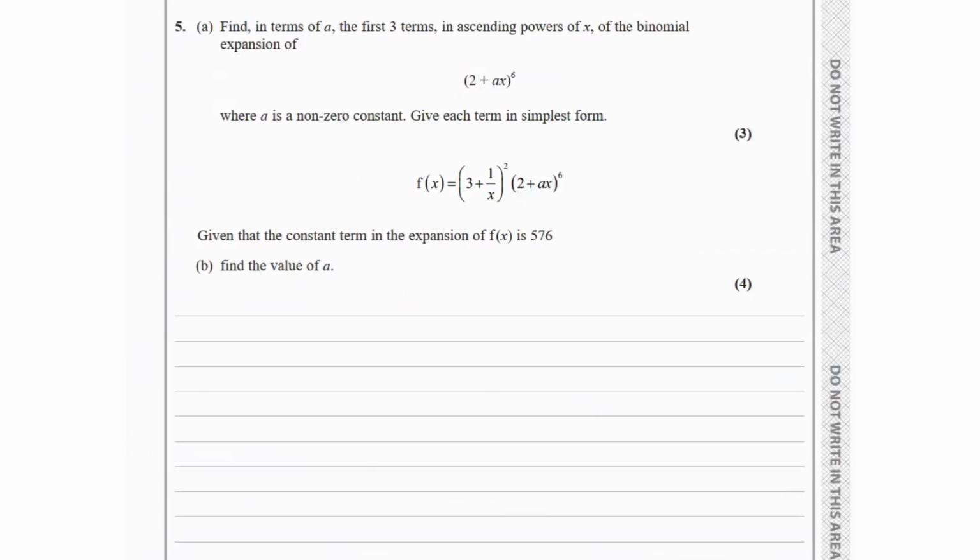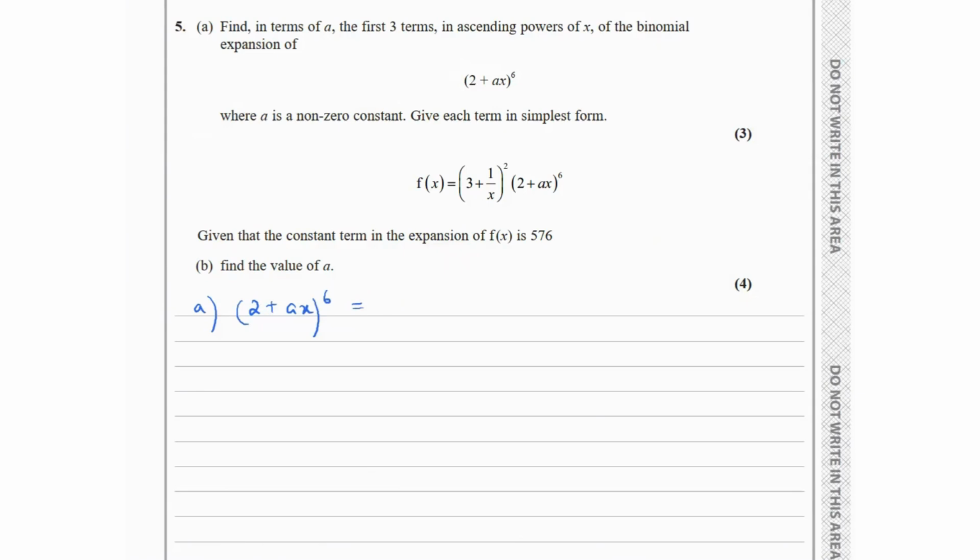Then it says find, in terms of a, the first three terms in ascending powers of x of the binomial expansion of (2 plus ax) to the power of 6, where a is a non-zero constant, giving each term in its simplest form. So we're going to use binomial expansion for this.